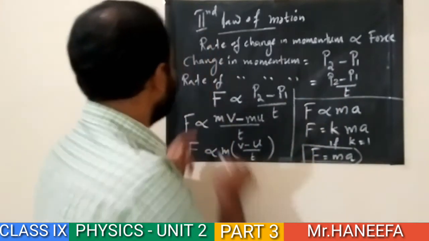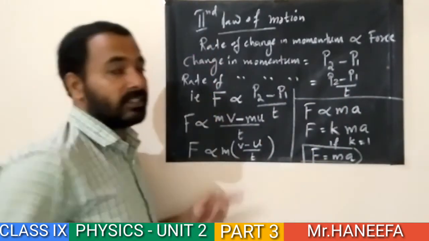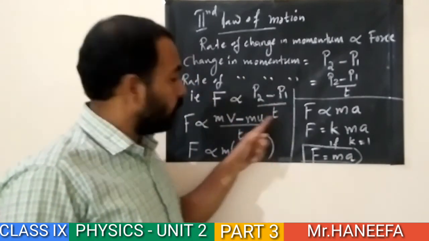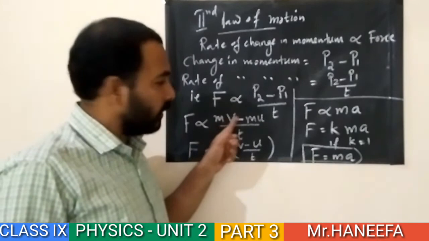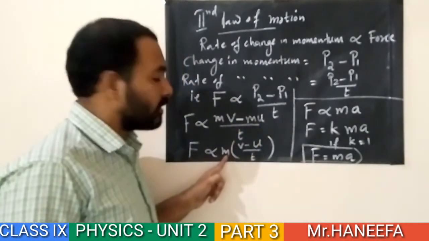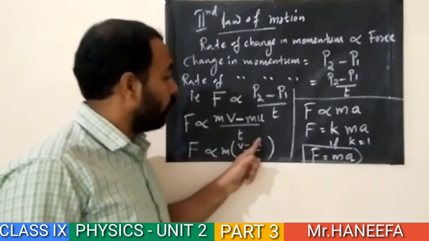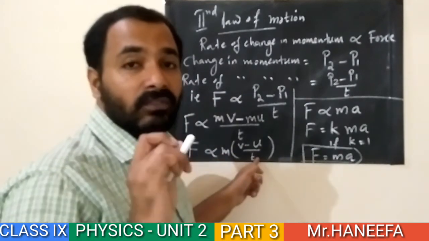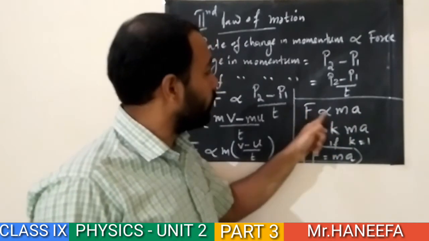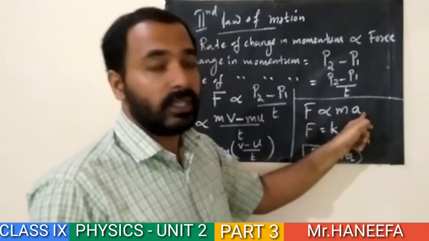So we can write the second law of motion as F proportional to (P2 minus P1) by t. What is P2? mv. What is P1? mu, divided by t. m is common. So m into (v minus u) by t. What is (v minus u) by t? That is acceleration. So F proportional to m into a.